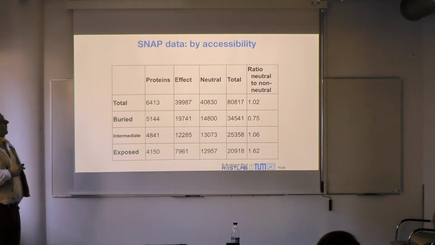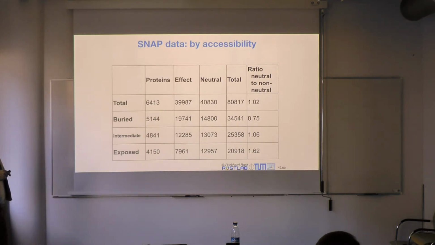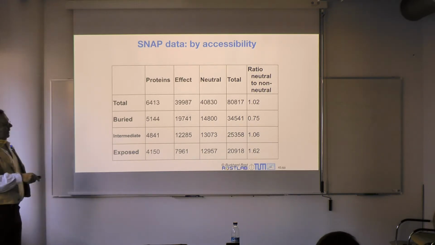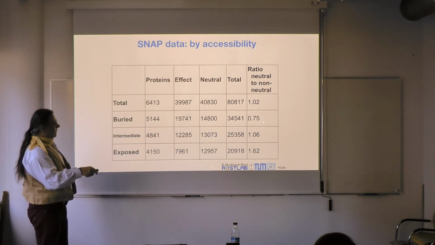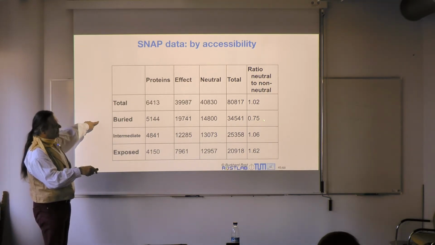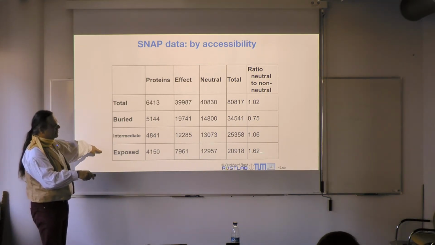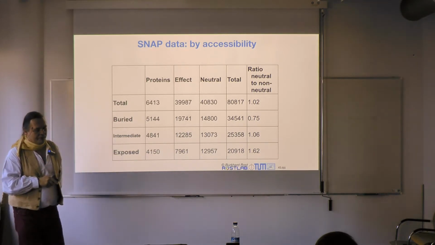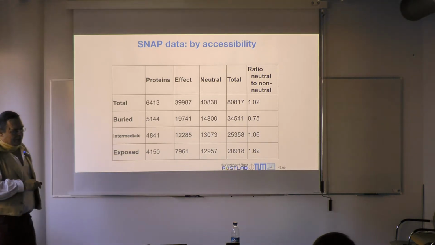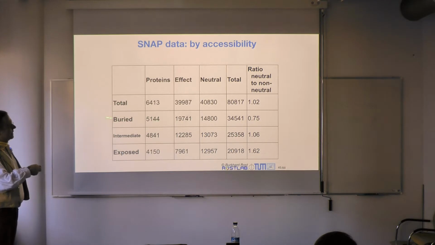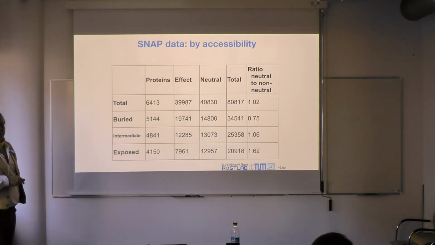When we look at the data in terms of accessibility, so exposed versus buried, you see that the effect versus neutral differs. The ratio of neutral to non-neutral between buried is 75% and 162%, so that in many ways inverts. And this in some sense already gives you the idea that we may want to treat those two differently.